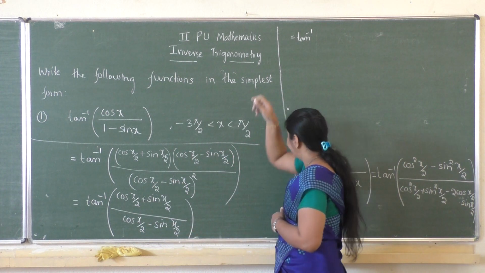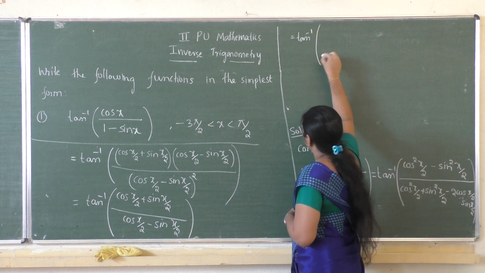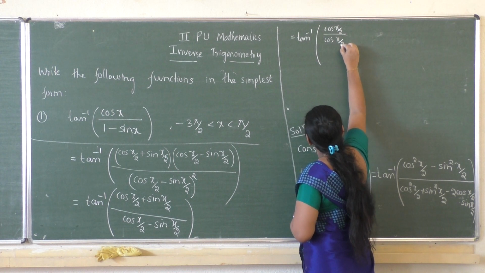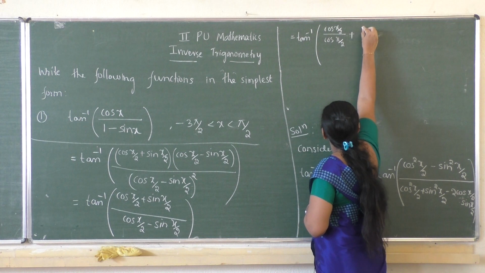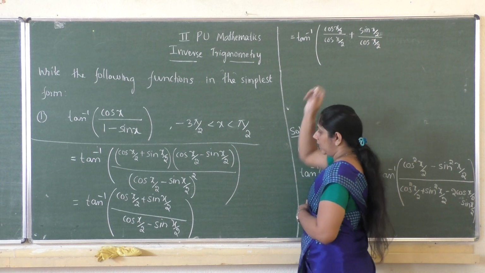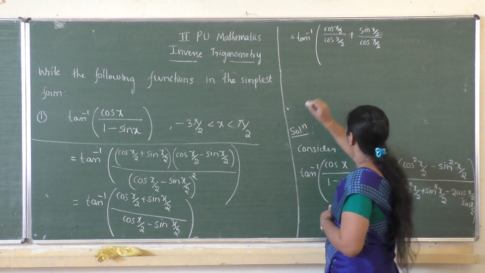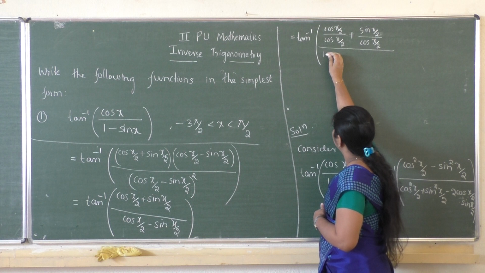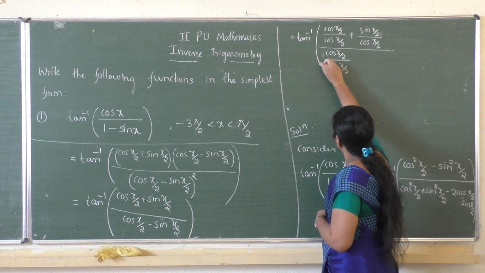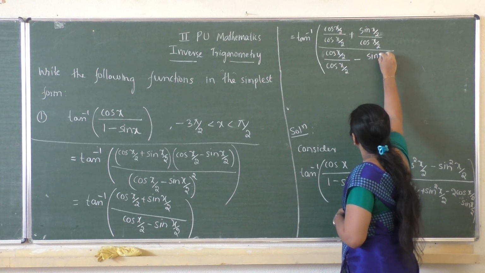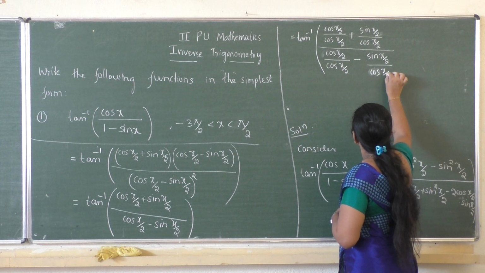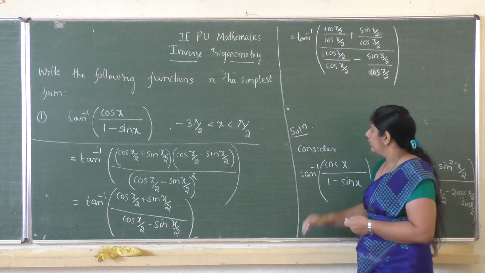We get cos x by 2 divided by cos x by 2 as the first term in the numerator, plus sin x by 2 by cos x by 2 as the second term in the numerator, divided by again cos x by 2 by cos x by 2 minus sin x by 2 by cos x by 2, correct?